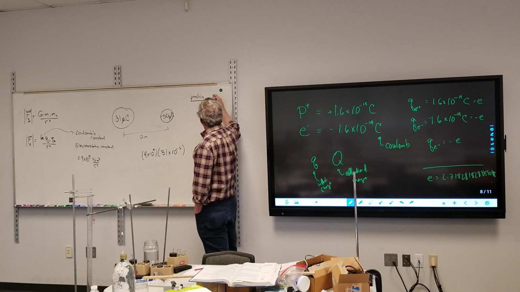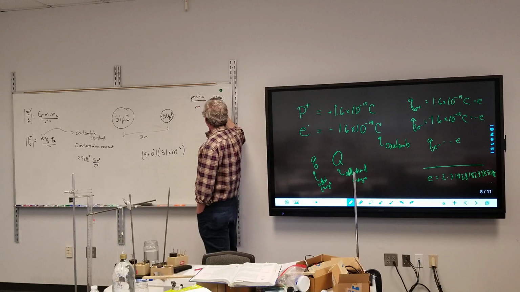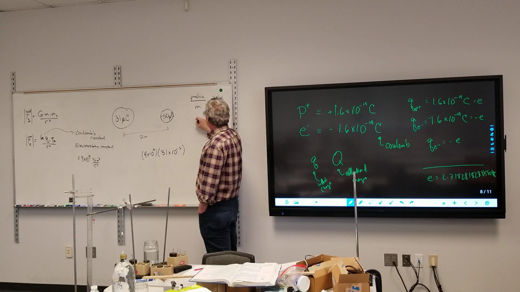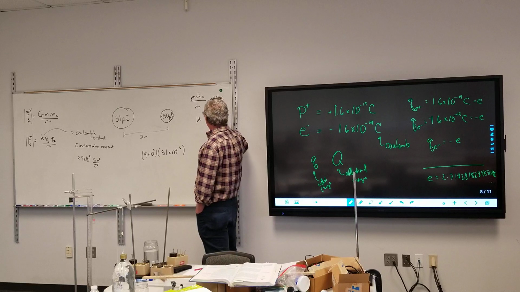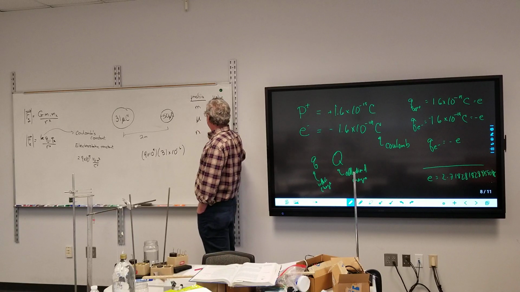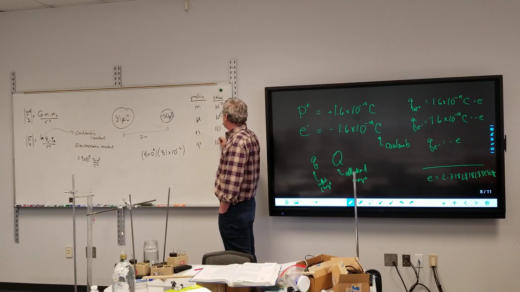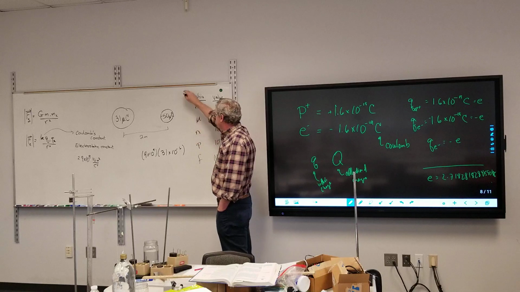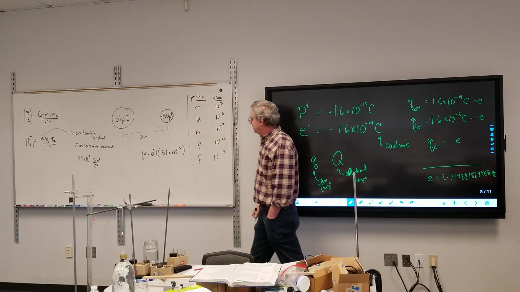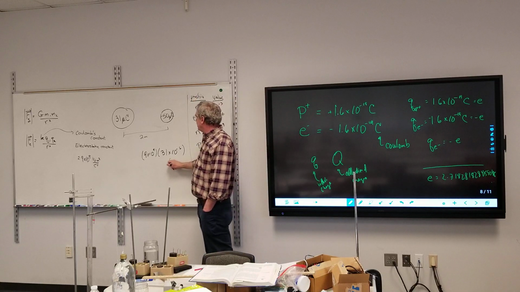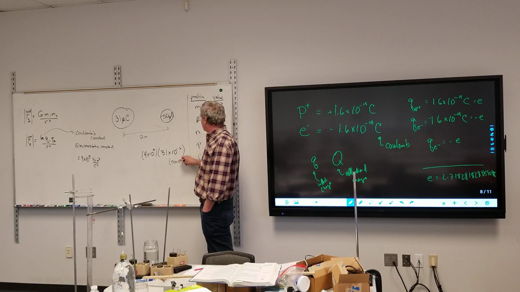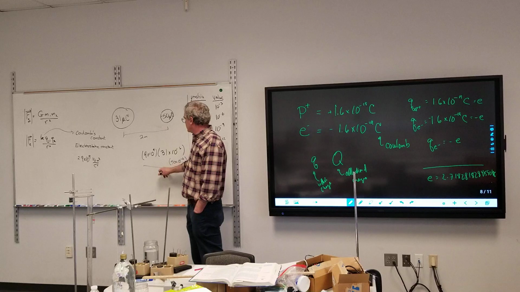Lowercase m, 10 to the negative 3rd. Micro is a mu, 10 to the negative 6th. Nano, 10 to the negative 9th. Pico, 10 to the negative 12th. Femto, 10 to the negative 15th, and that's as far as I can go in that direction. Times 50 times 10 to the negative 6th divided by the distance squared.